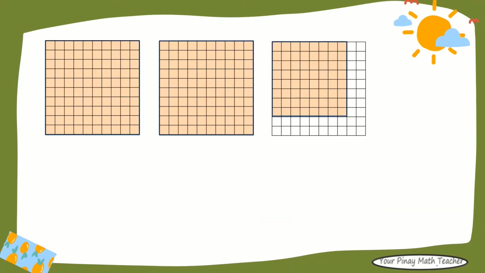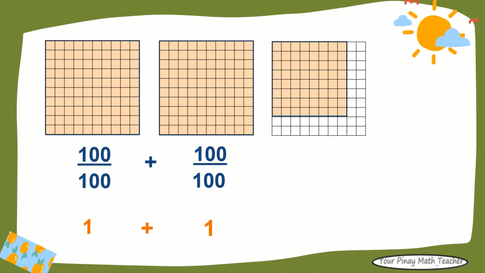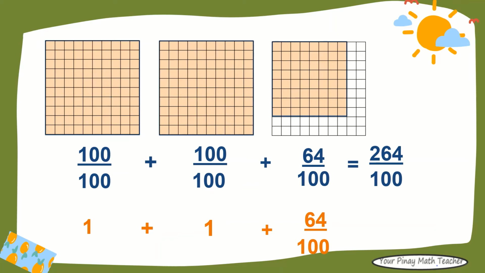In the first two figures from the left, all its parts are shaded, so we get a fraction of 100 hundredths or 1 whole for the first two figures. And in the last figure, only 64 out of 100 are shaded, so we have 64 hundredths. Adding the fractions in the upper part, we get 264 hundredths or 2.64.